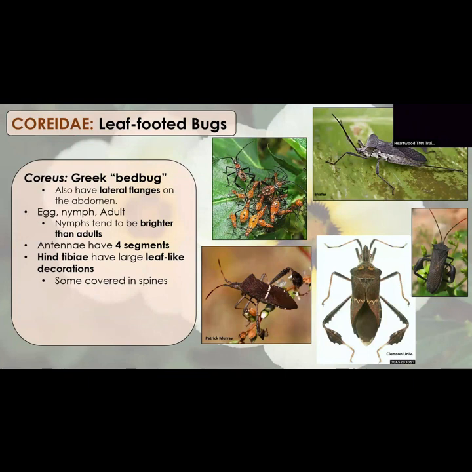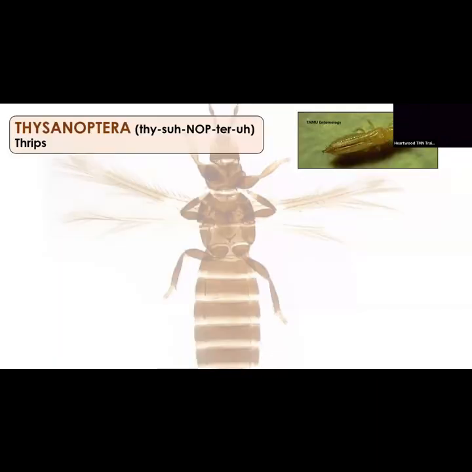So you can tell the difference if you're not sure, because sometimes the leaf foot is not super leafy, and maybe it's kind of stinky. They do have an elongated head, and they've got a neck about them. They also have that proboscis, but they don't have the notch where it fits into. But really, the leaf-like tibia is going to tell you which insect you have.